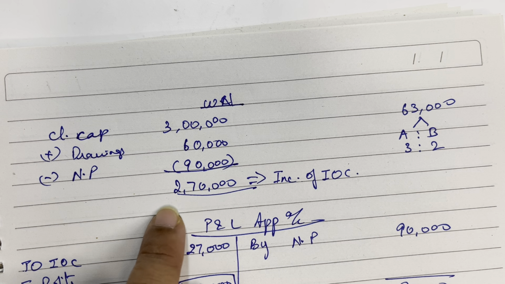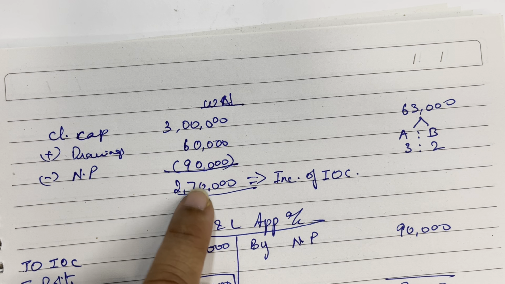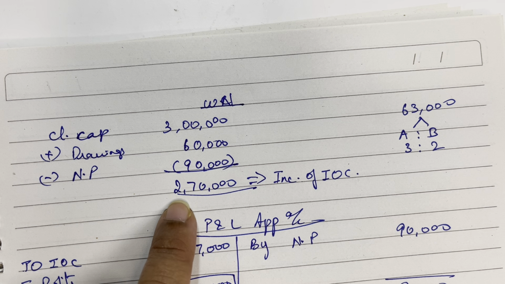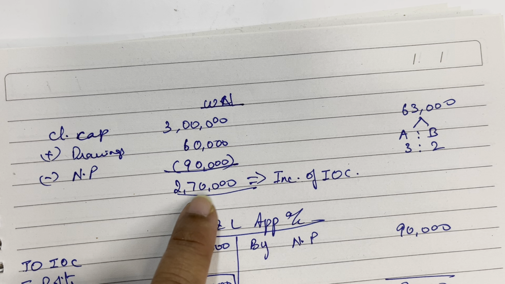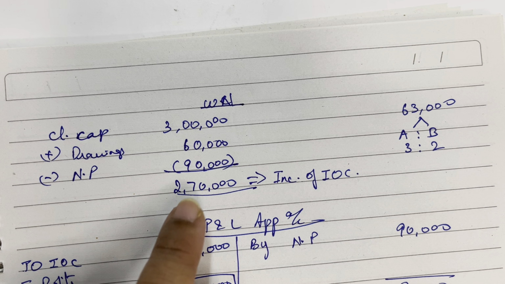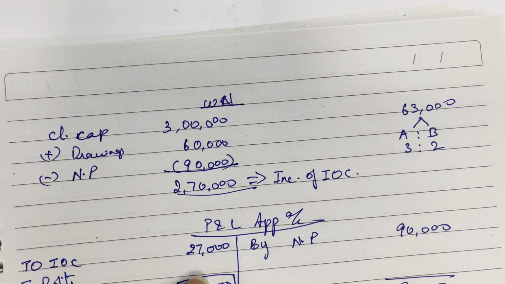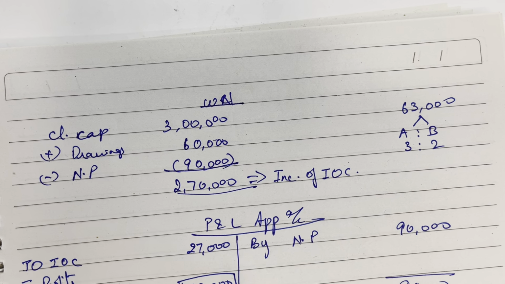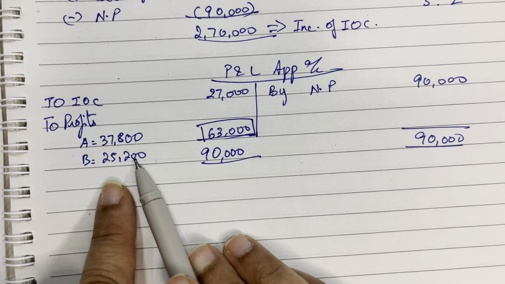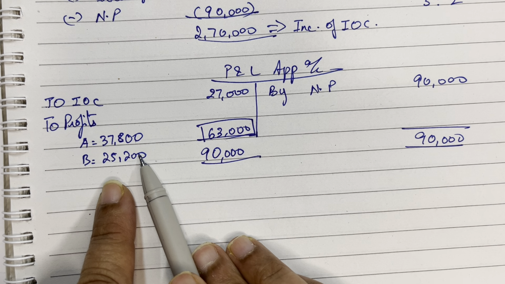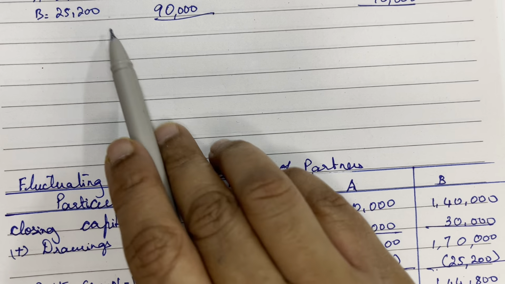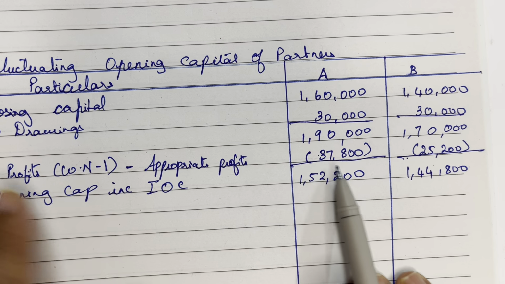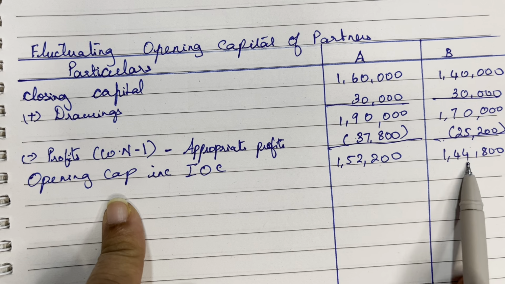This was not for the sake of finding your opening capital. This is not a combined opening capital. This amount included our interest on capital. So we separated the interest on capital from this amount in order to find out the individual profits of the two partners.